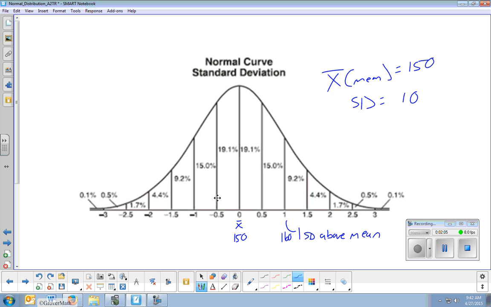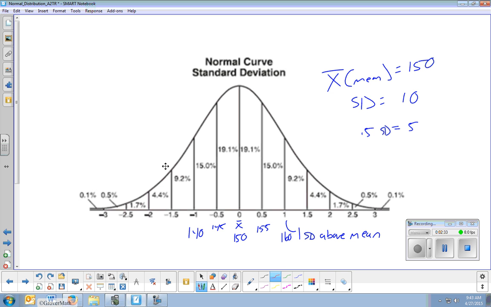The minus 1 is one standard deviation below the mean, so 10 below the mean. 10 below 150 is 140. The 0.5s are simply half. So if my standard deviation is 10, my 0.5 standard deviation would be half of that, which is 5. So then you'd have 155 here and 145 here. So it's 5 each time, or 10 if you're going by the whole numbers.